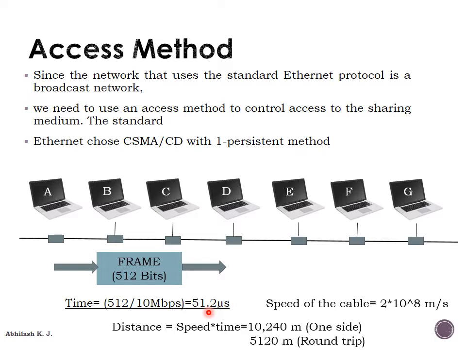During this duration, if a collision is identified with any bit from the last station on the cable, it might have gone back. So in the worst case, the collision should occur in a time less than the time required for sending the 512 bits.